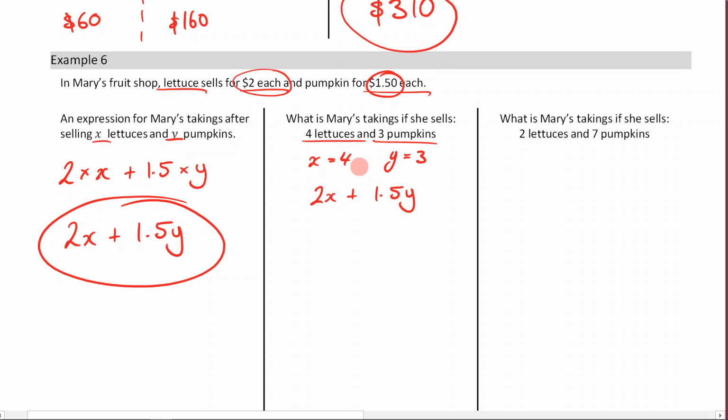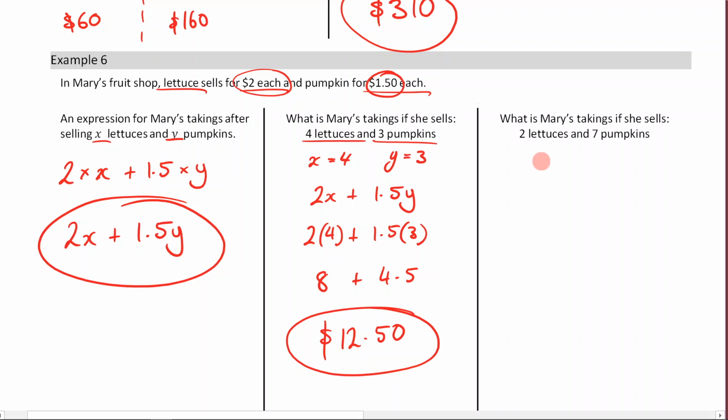So into the x spot, I'm going to put 4, and into the y spot, I'm going to put 3. So I'm going to get 2 times 4, plus 1.5 times 3. 2 times 4 is 8, and 1.5 times 3 is 4.5. 4.5 plus 8 is going to be 12.5. So that means she has earned $12.50.